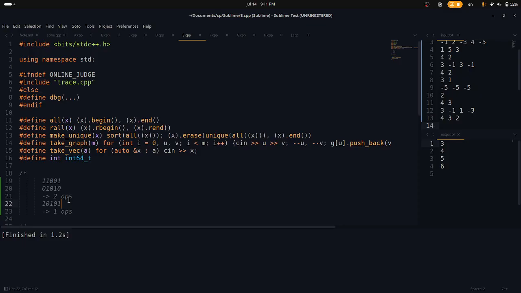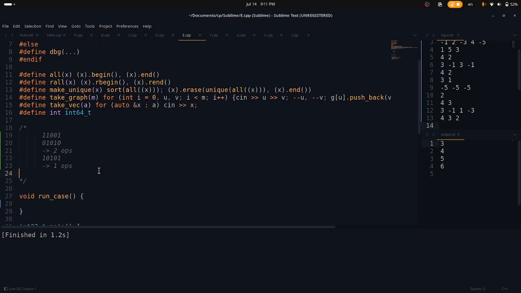Not only the number of subsegments. For example, we need this to be changed, and this, and this.